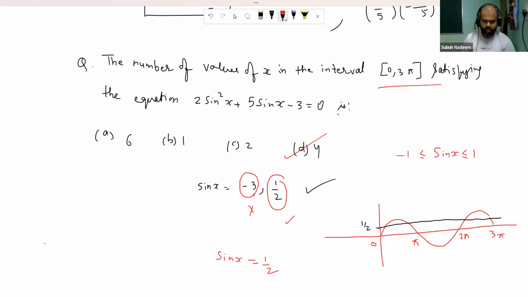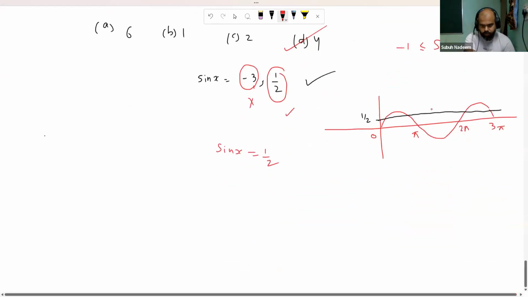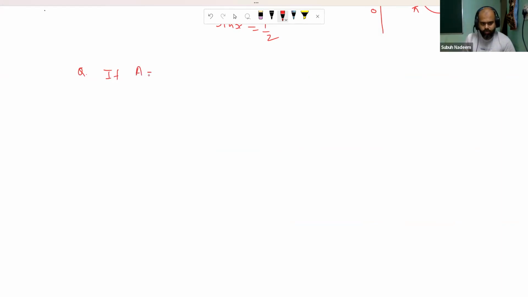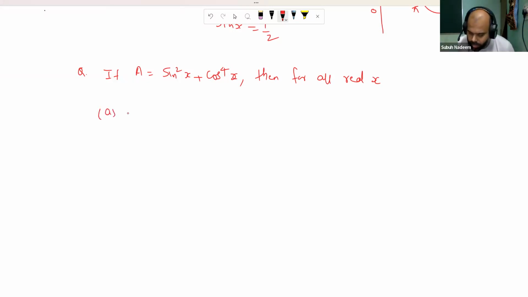Yeah, one more question is there. It says, if A is equal to sin square x plus cos to the power 4x, then for all real x, option A: A lies between 13/16 and 1.